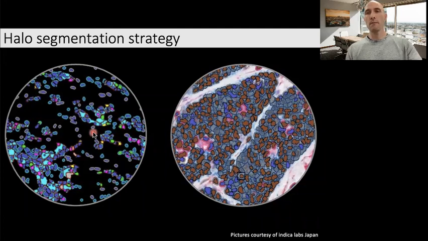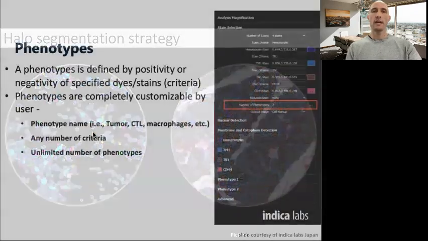I would say the bottom line is there is no perfect cell segmentation tool. All of them have pros and cons. Probably the decision about what tool to use will depend on your scientific questions. One of the tools that we use in our lab is called HALO. People in the field of digital pathology may be familiar with HALO. HALO is a software licensed by Indica Labs.